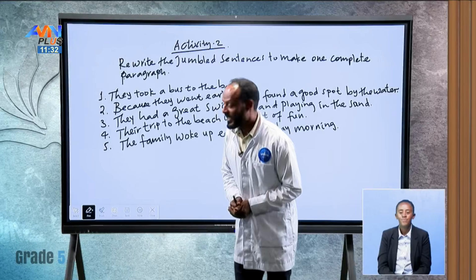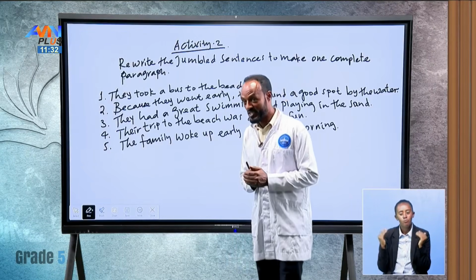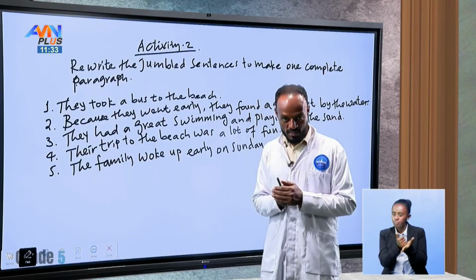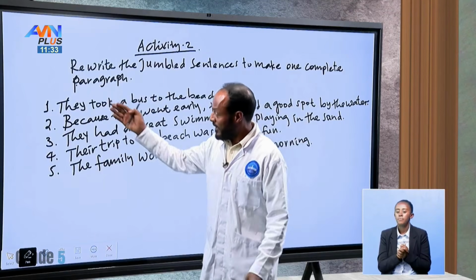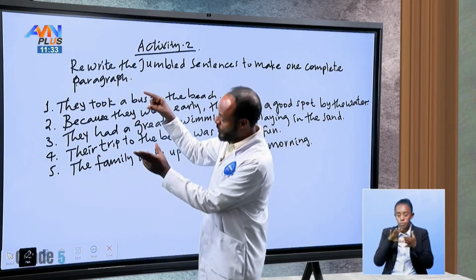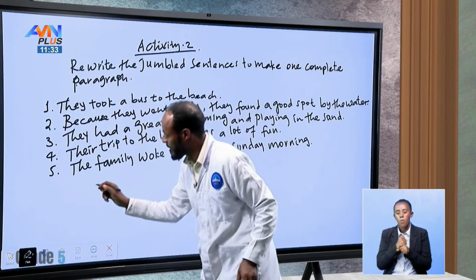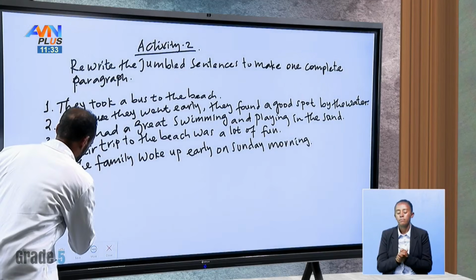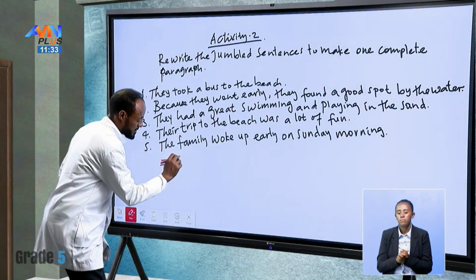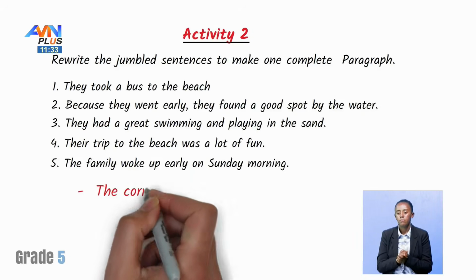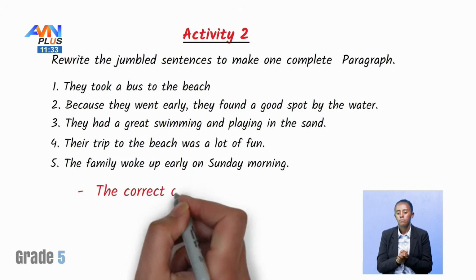Okay, students, I hope you did it. Nice. Students' parents, please check whether they are right or wrong. According to these jumbled sentences, now we are going to make one paragraph in the correct order.